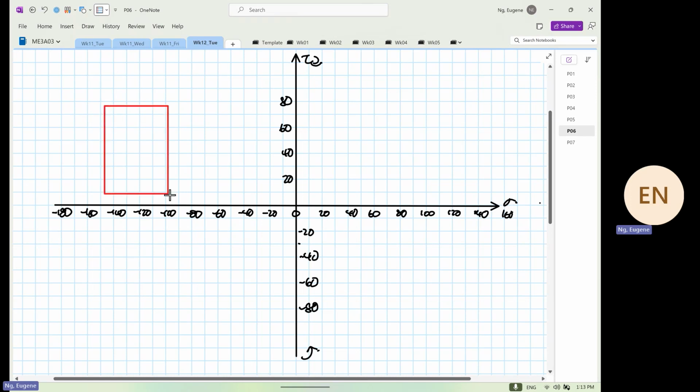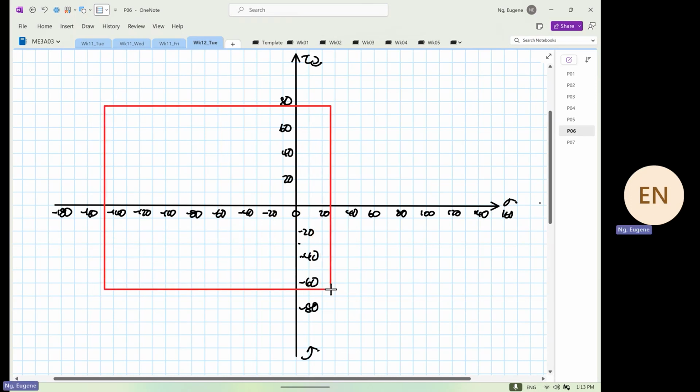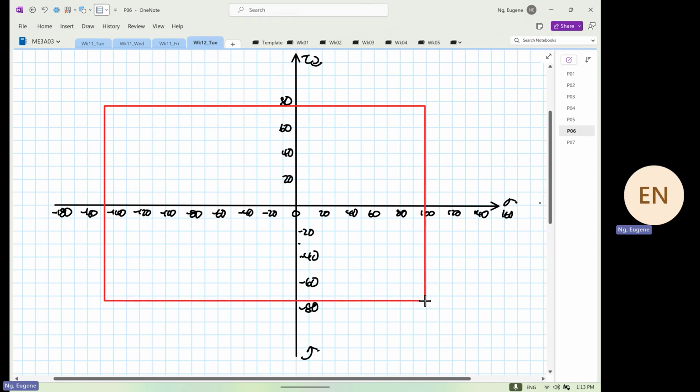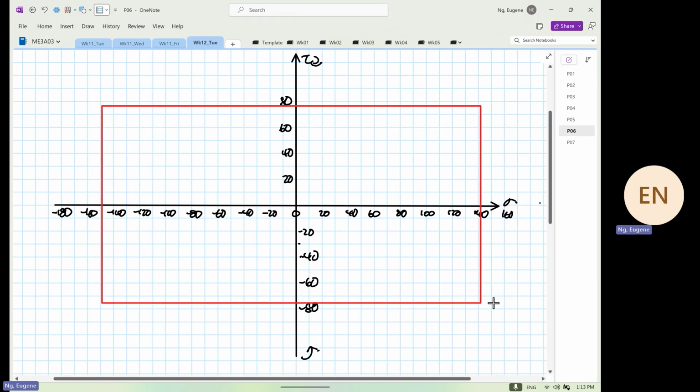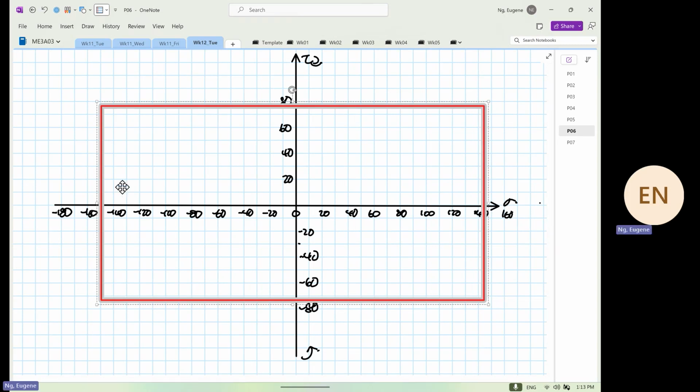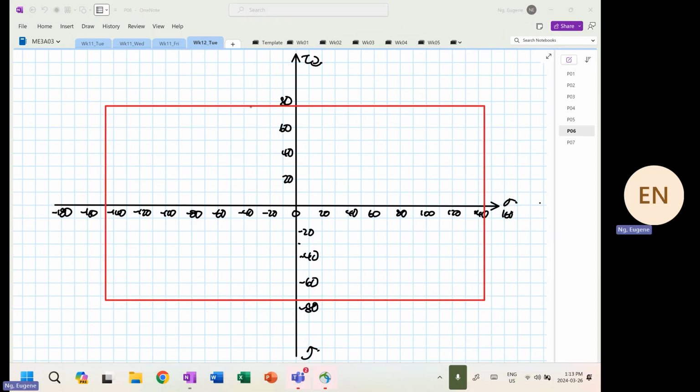So eyeballing 73, this is my eyeball for 73. And I'm going for 146. That's about 146, 73. Hold on.